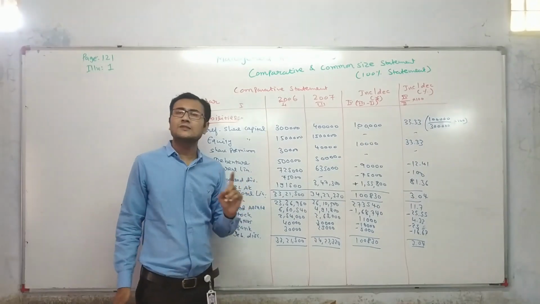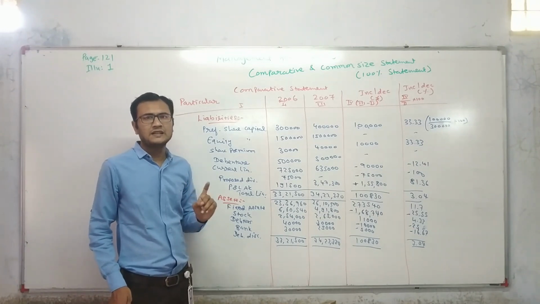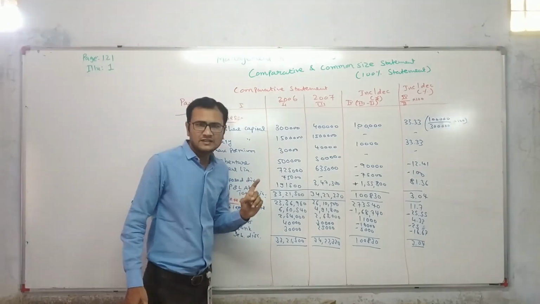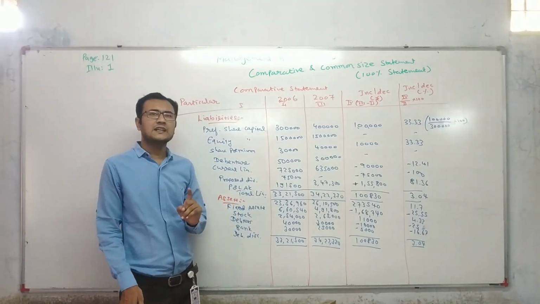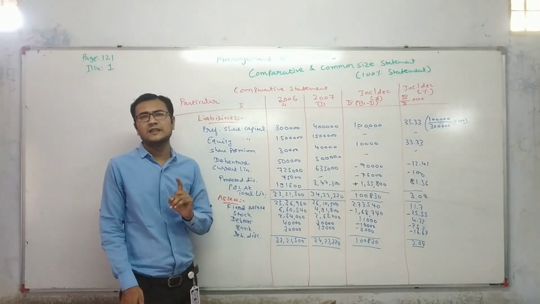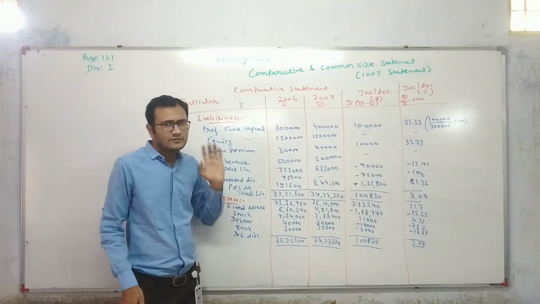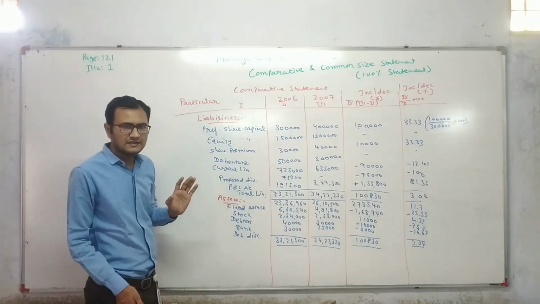Now in case of profit and loss account, sales is taken as base. And in case of balance sheet, total of asset is taken as base.